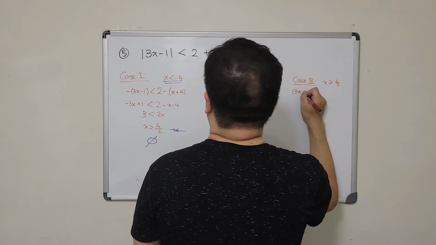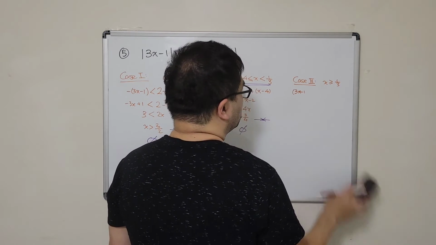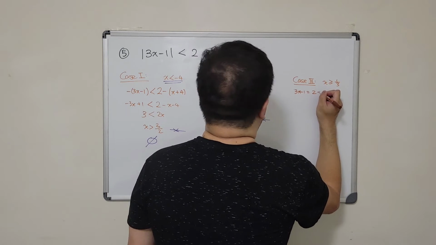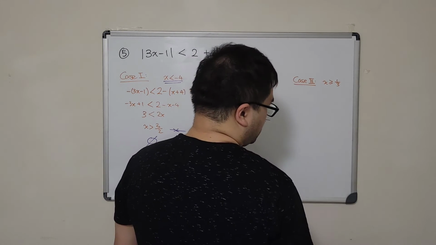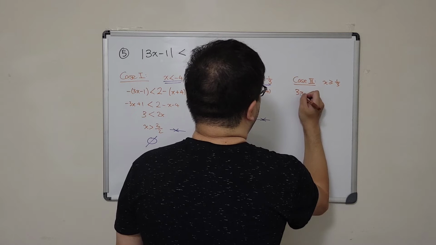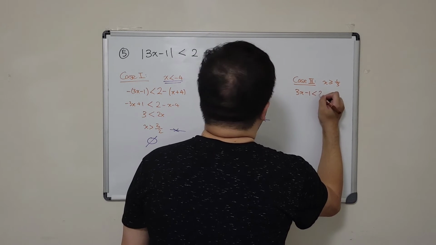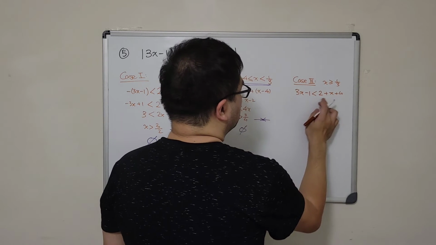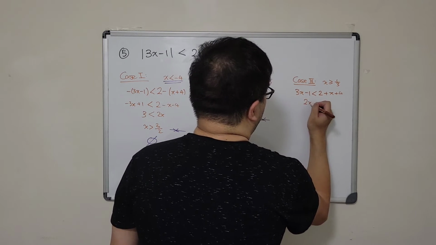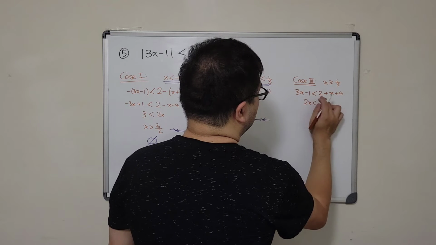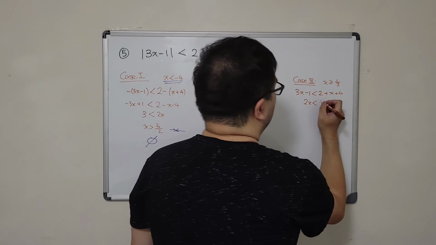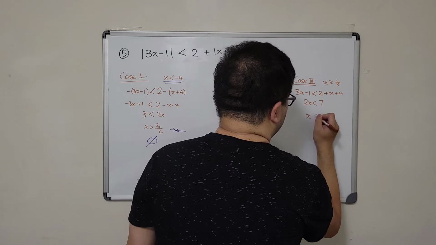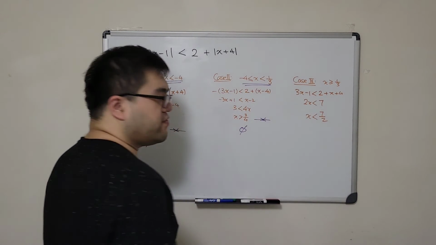So we get 3x minus 1 is less than 2 plus x plus 4. So now we can just throw the x to the left hand side and then throw the minus 1 to the right hand side. We get 2x is less than 7, meaning x is less than 7/2.